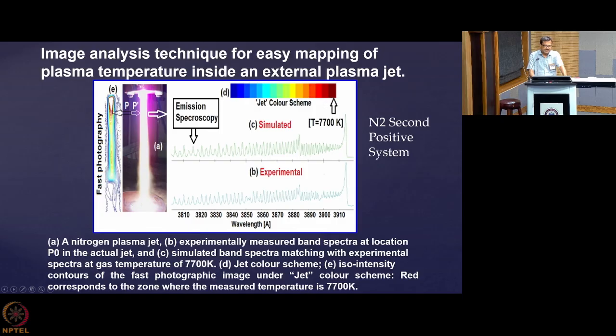So, that red is here and you collect light from here and you do proper emission spectroscopic analysis and find out the temperature. So, in this case, we have done that and we have presented this as 7700 Kelvin. Once we have done that, we know this is 7700. So, accordingly this jet's color scheme allows you to find the temperature at other places.